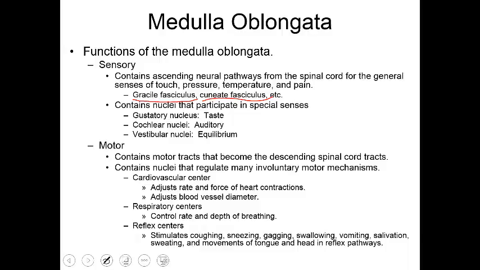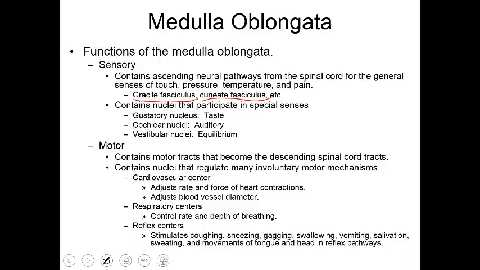Quite a few motor functions of the medulla oblongata as well. We already saw how the pyramids contain motor tracts that go down from the cortex of the brain to the spinal cord. Now, the medulla oblongata also contains a cardiovascular center. Now, cardiovascular center is a motor function because it is going to eventually end up at the cardiac muscle.